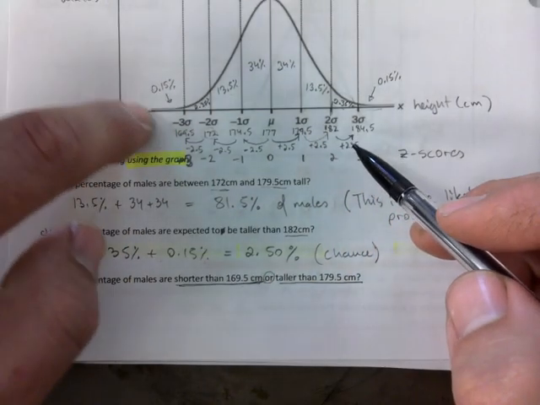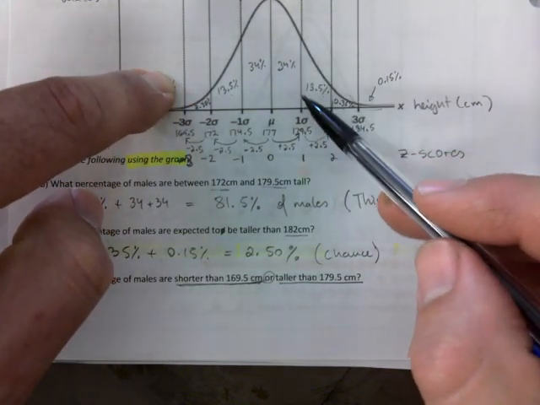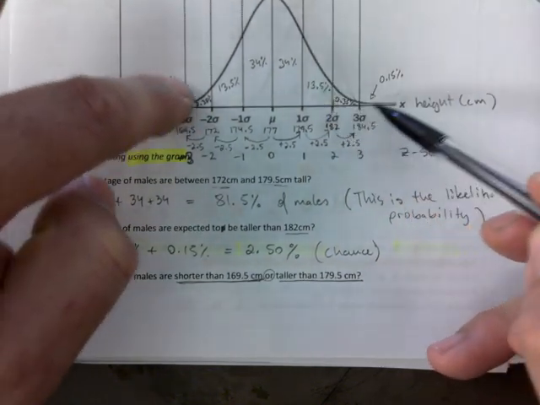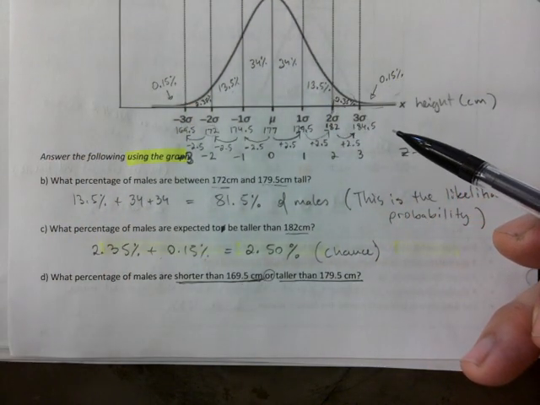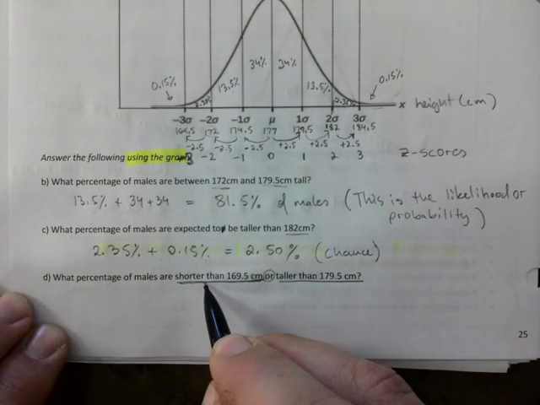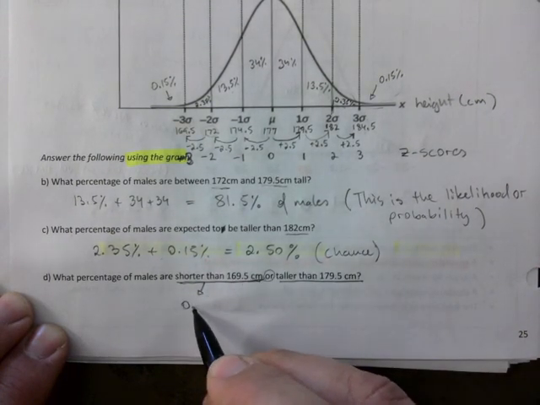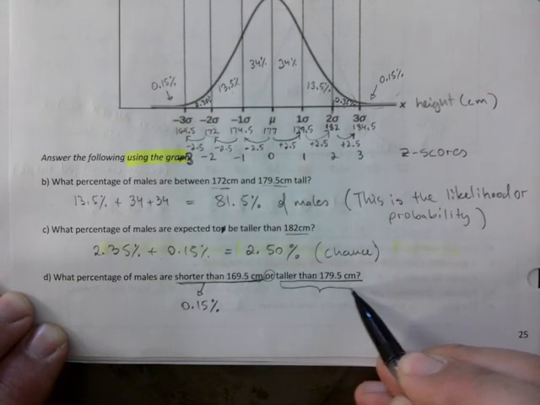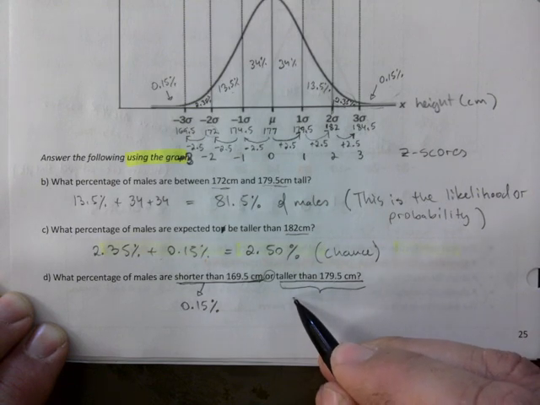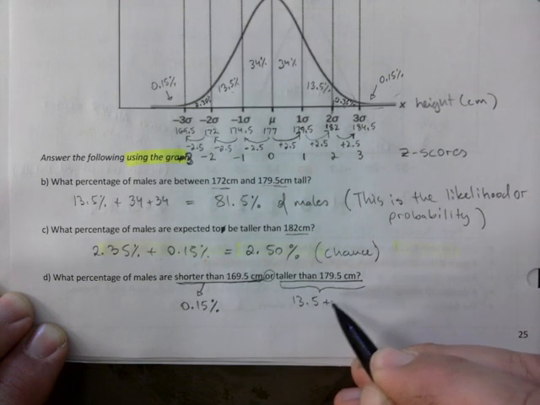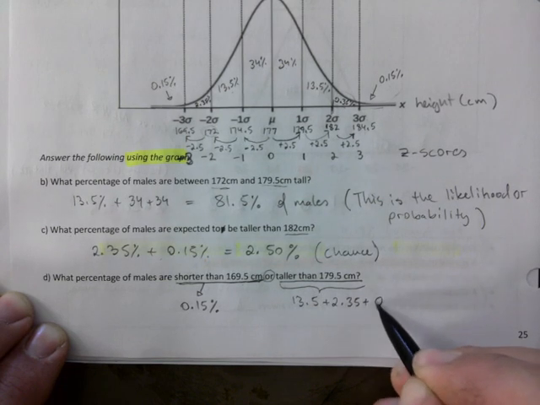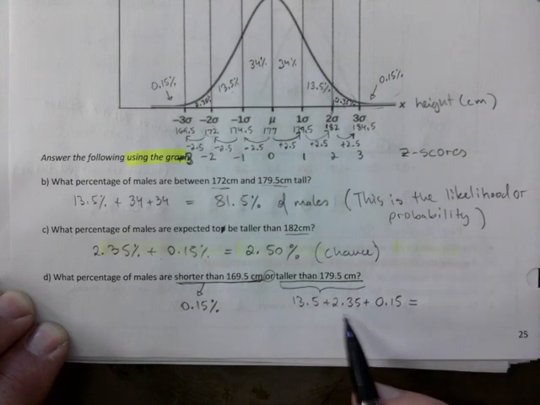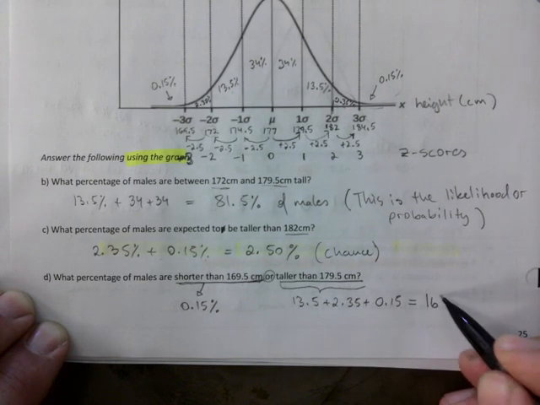So in a sense, you want to add this percentage and all the percentages to the right of the 179.5. So all of these sections here are going to give you that answer. So shorter, let's just make an arrow. That would just be 0.15%. Taller than 179.5, that would be 13.5 plus 2.35 plus 0.15. What does that give us? 2.5, that's 16%.